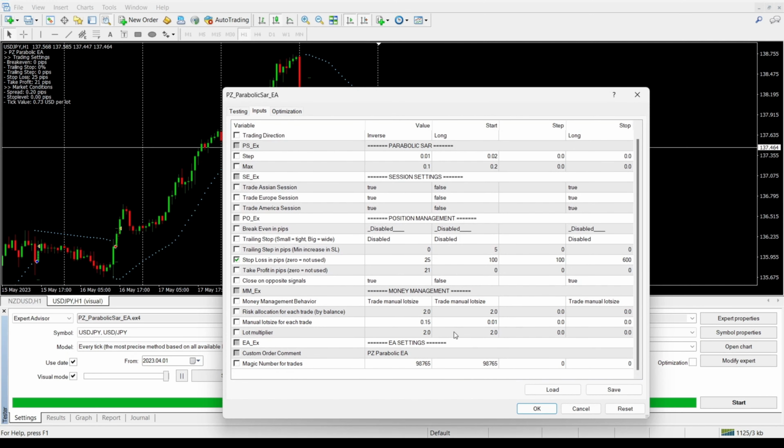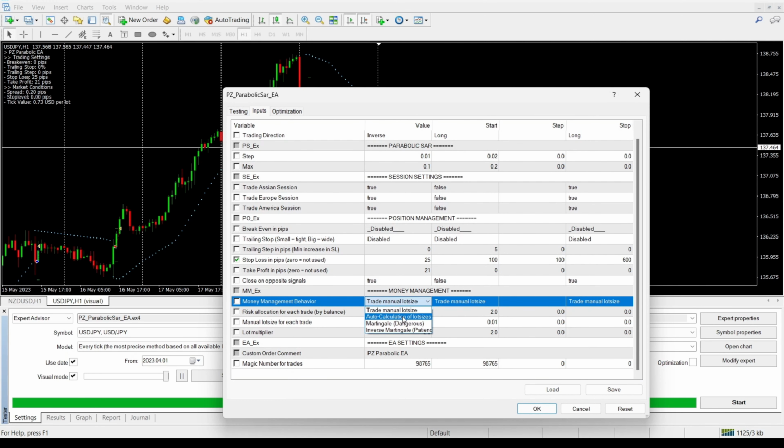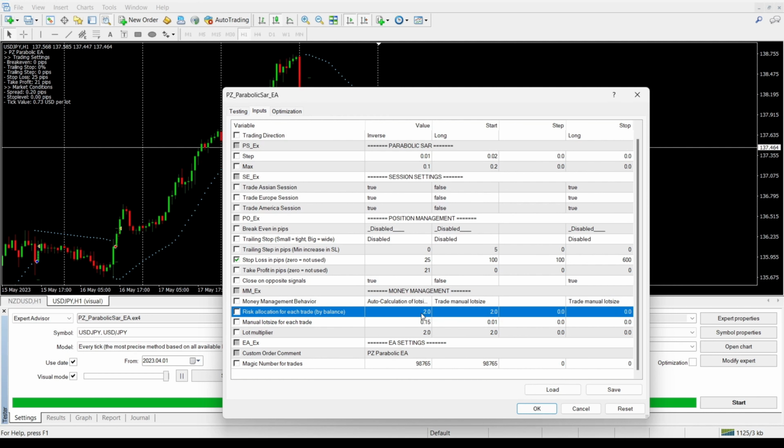If you look down here, you can set this to auto calculation of lot size, and here you set your percentage risk. What this means is you can set this at 1% or 2% or whatever the case is, and the EA will automatically calculate your lot size at 2% when it takes a trade. So you could essentially run this EA set and forget, and come back a year later, if it's a good strategy, and see how the EA has actually done.